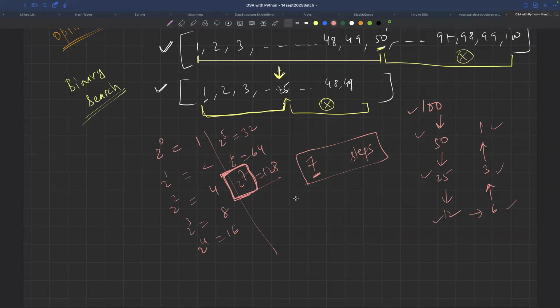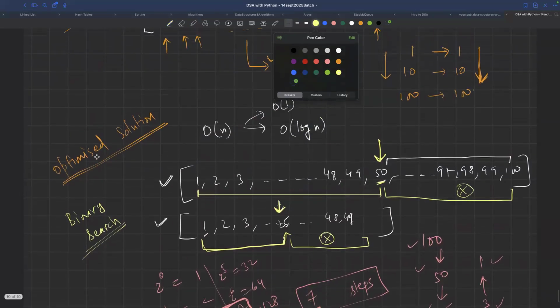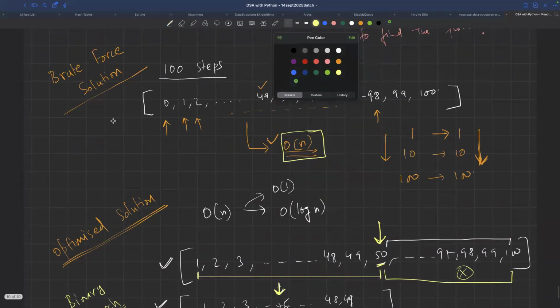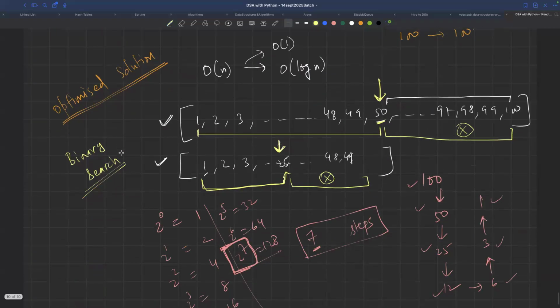Yes. So what is the time complexity of this? What we did earlier is called linear search. So this is O of n, and binary search is O of log n.